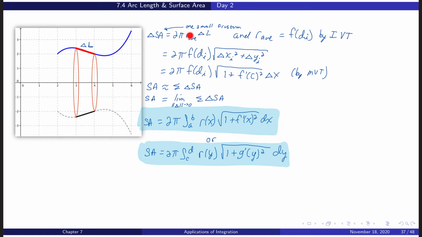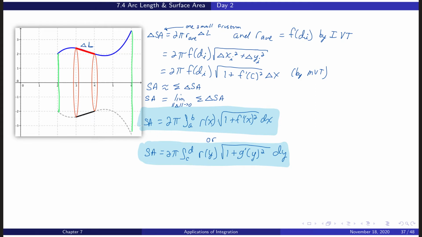That's just for one small frustum. So to get the surface area of the entire three-dimensional figure, which would go from a starting point here to here, we want the surface area of that whole figure. We're going to add up all the very small surface areas that we find using the one small frustum formula.